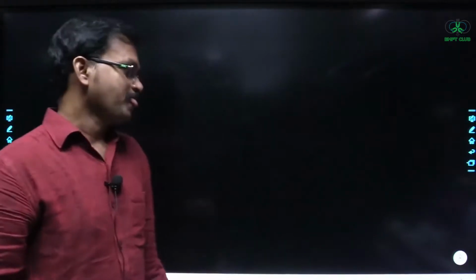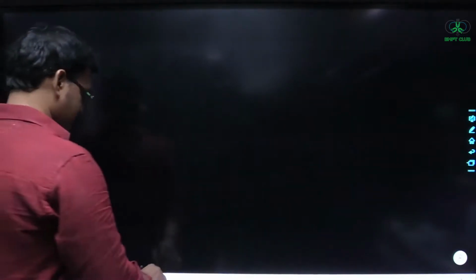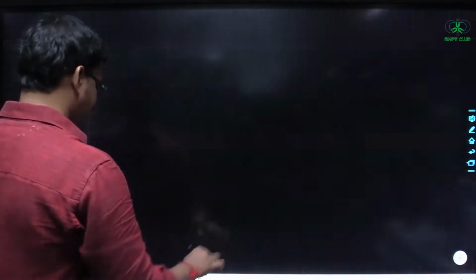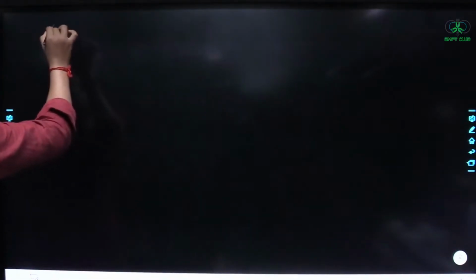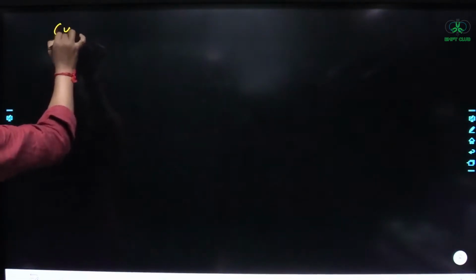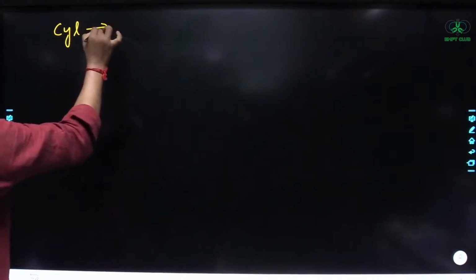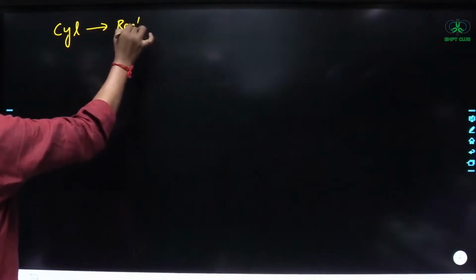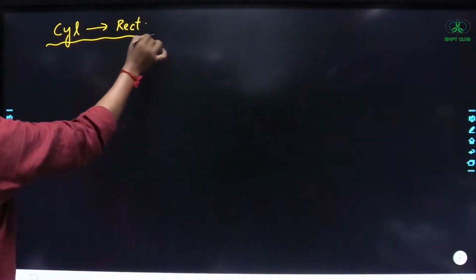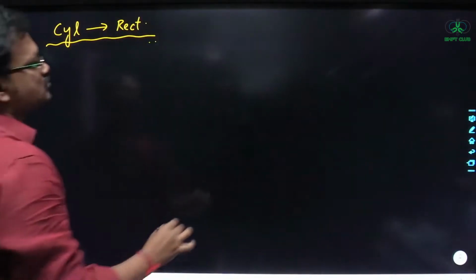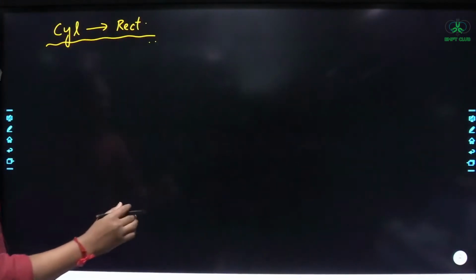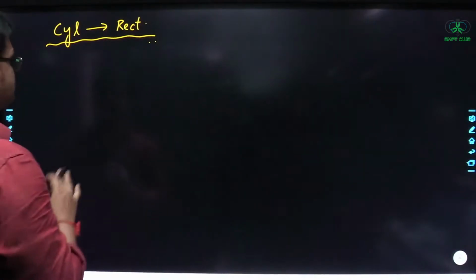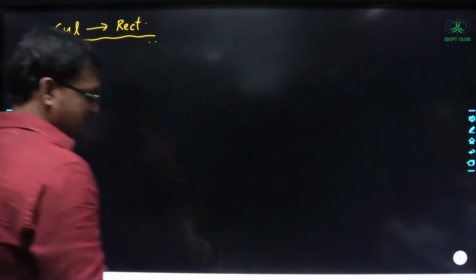Understood? That is what we are going to see now. And also we will see how to represent rectangular coordinates in terms of cylindrical coordinates. Both we are going to see.